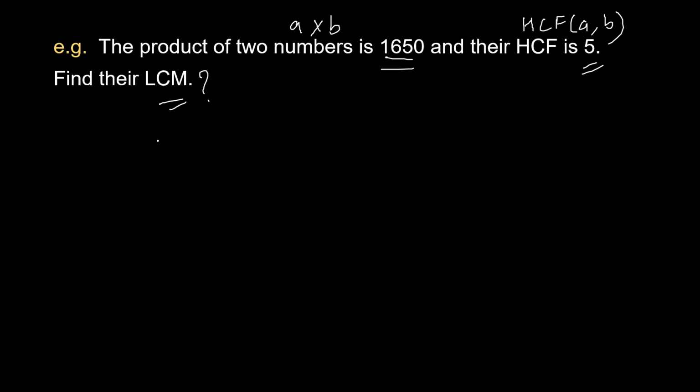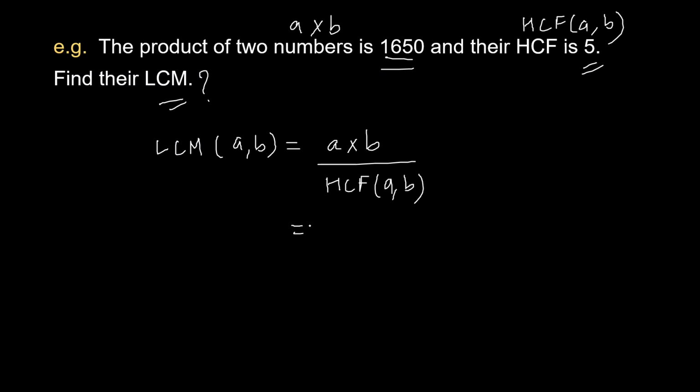So to find the LCM, our formula was LCM of A comma B is equal to A into B upon HCF of A comma B. So now the product of two numbers is already given to us, which is 1650, and their HCF is also given to us, that is 5.